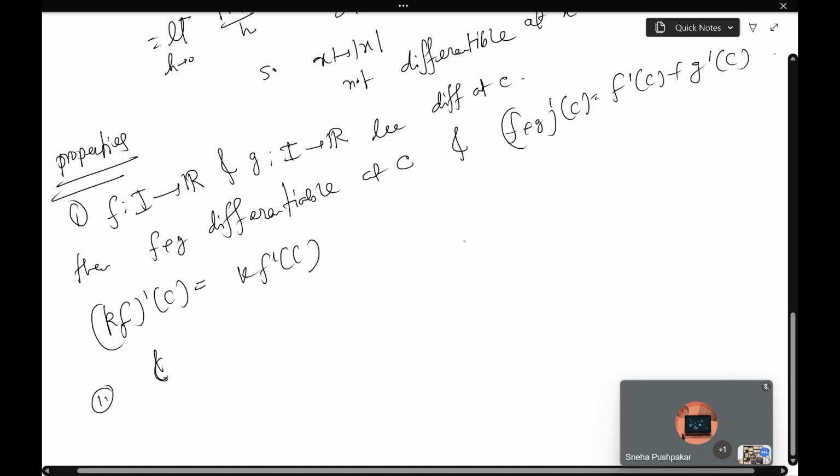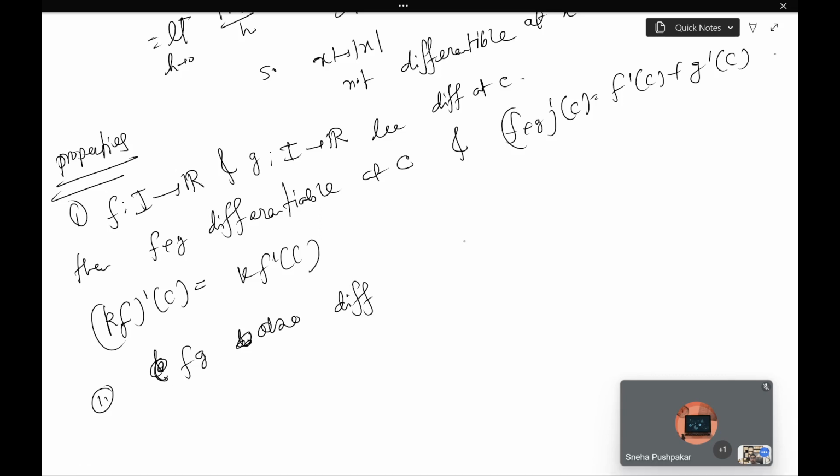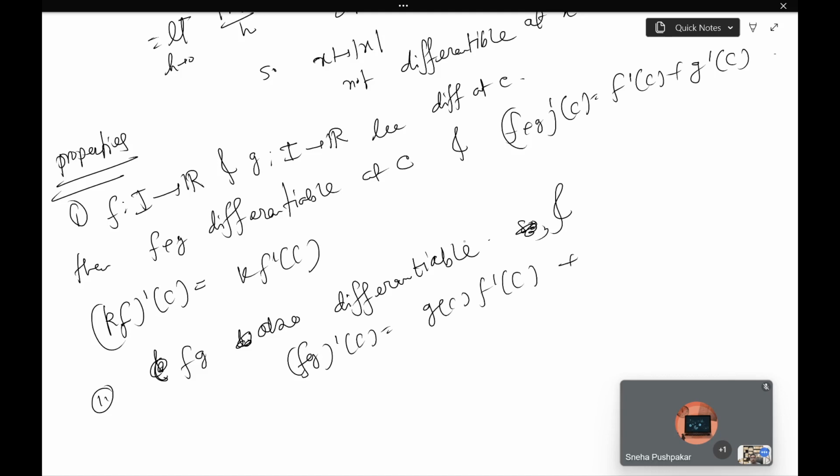And the product f g is also differentiable, with derivative g(c) f prime c plus f(c) g prime c.